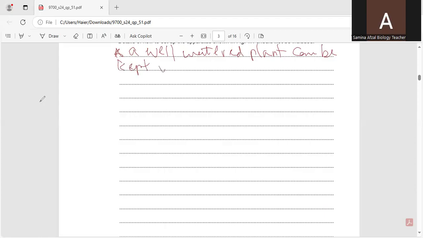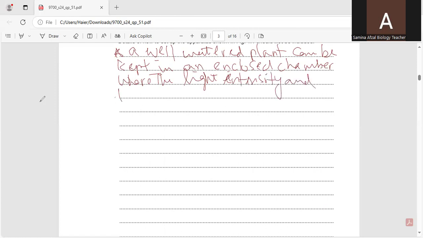kept in an enclosed chamber where the light intensity and temperature can be kept constant.